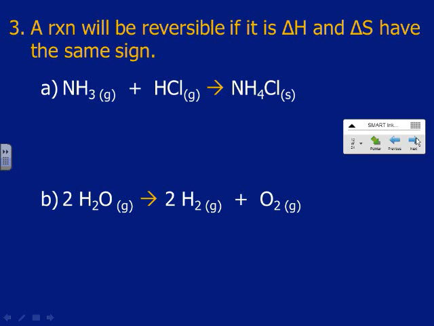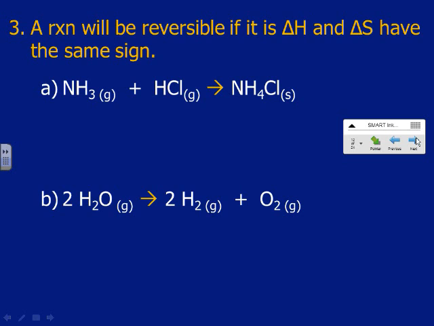So when you have this situation, like I said, in this case, the delta S is pushing it forward, but the positive delta H, the endothermic, is actually pushing it back in the other direction. And we've got competing reactions pushing in opposite directions. In a non-spontaneous reaction, we really have both effects pushing it towards the reactants, and so it doesn't do anything.